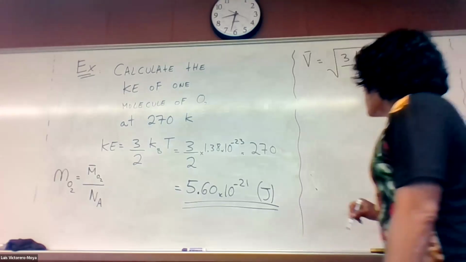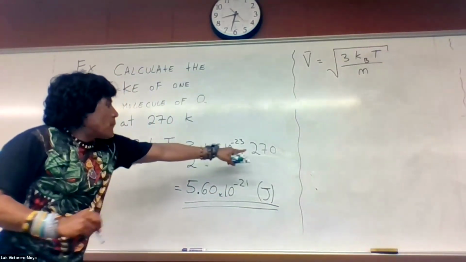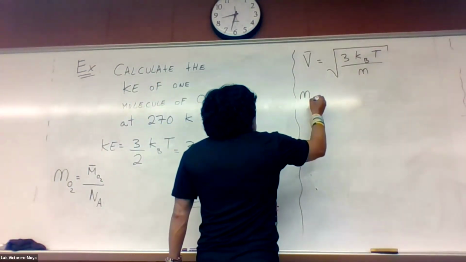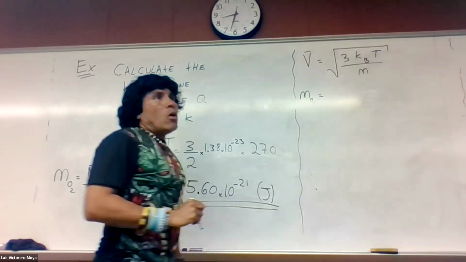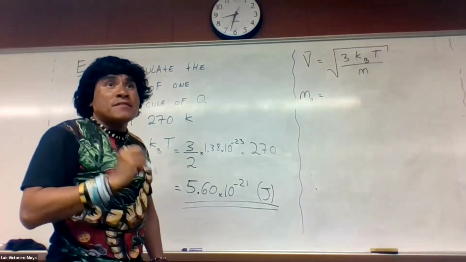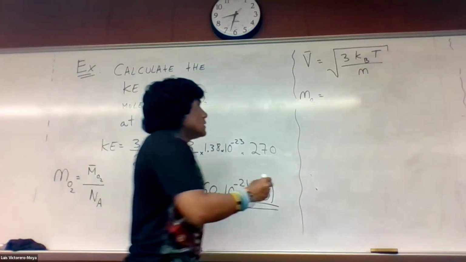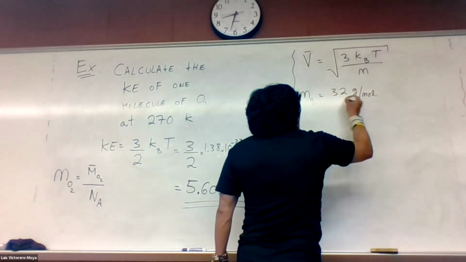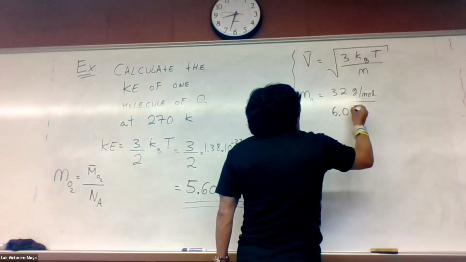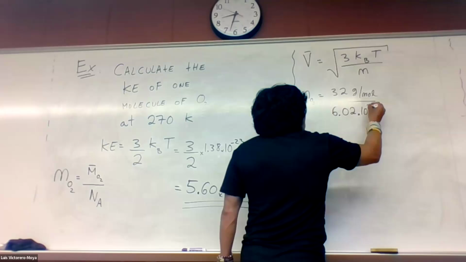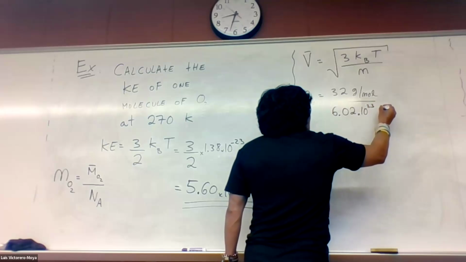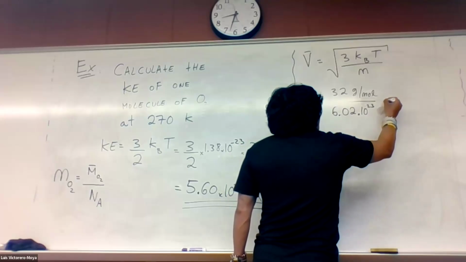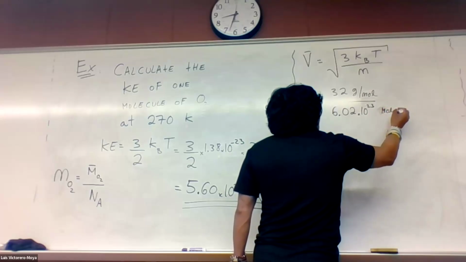I only need a mass because I have k and the temperature. So the mass of the oxygen molecule: the atomic mass of oxygen is 16, so O2 will be 32. So 32 grams per mole over 6.02 times 10 to the 23 molecules per mole.